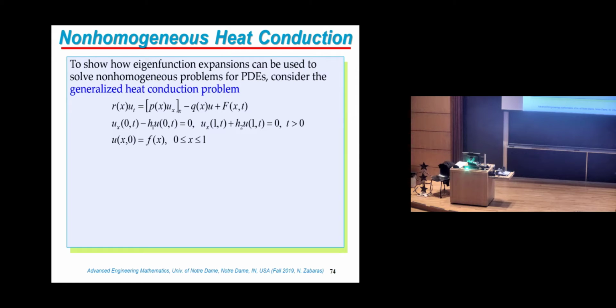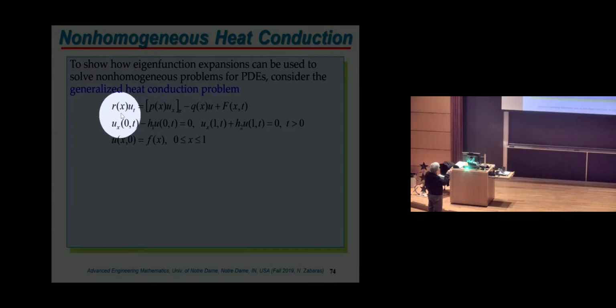Let me go, and I promised I was going to repeat the discussion on the transient nonlinear heat conduction problem. So let's spend no more than 10 minutes to do this. This is the transient heat conduction problem. P is the conductivity, and there are heat sources.